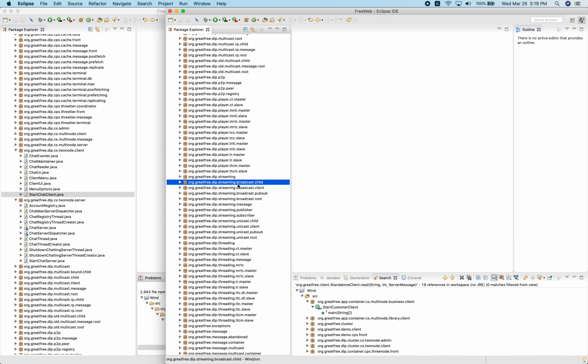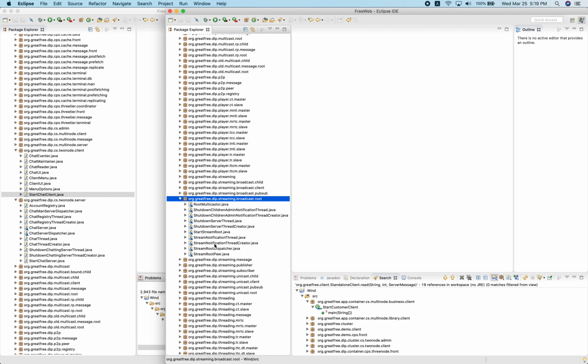We can start from here. You can see this one named streaming broadcast, right? So we can start from the root. Last time we talked about the first approach. The first approach is called the polling broadcasting approach.